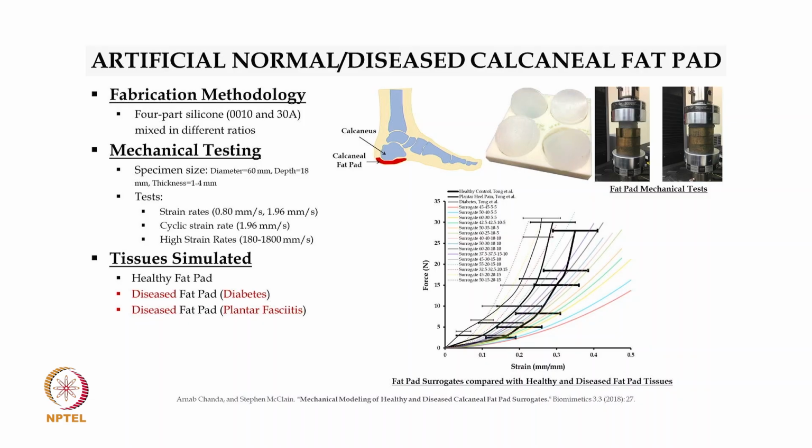This is derived from Tong et al. Tong et al. is one of the research groups with Dr. Tong as one of the key principal investigators, where they have looked at healthy control. Healthy control is the same as healthy calcaneal fat pads. They have extracted it from cadavers and they have tested it across these strain rates, right, under compression.